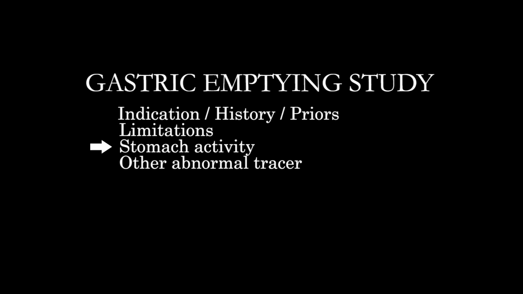You may have 1 hour, 2, 3 hours, 4 hours. Some institutions might also have a half hour. So we're going to assess the stomach activity. And then, last thing, as usual, it's always good practice to make sure, is there abnormal tracer elsewhere in the study? So let's take a look.